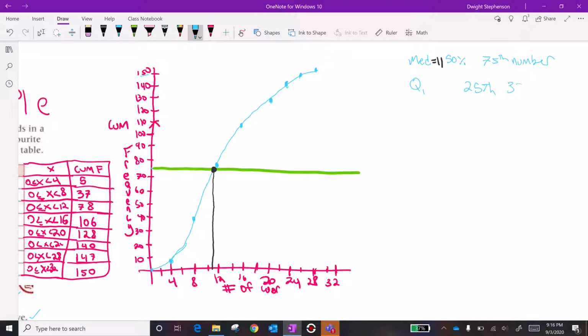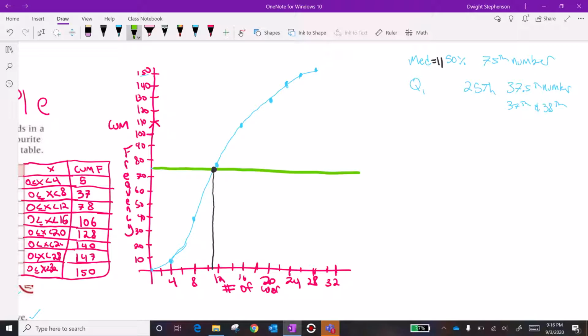So it's the 37.5th number. What that means is it's between the 37th and the 38th number, right? The quartile is between the 37th and 38th number.